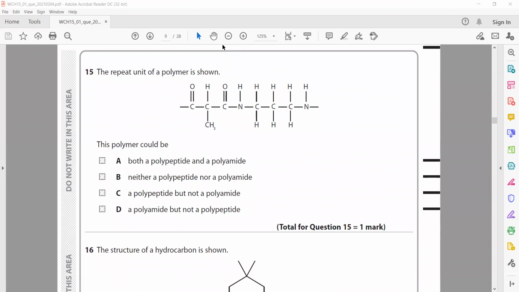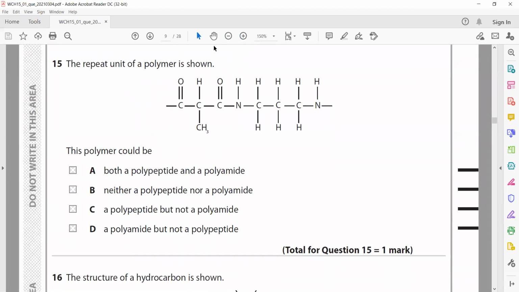The repeat unit of a polymer is shown. This polymer could be, so you have to check the linkage. It contains C double bonded with O and N, so it's an amide linkage, and this polymer could be both polypeptide and polyamide.